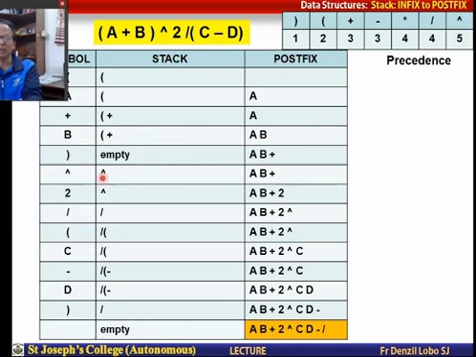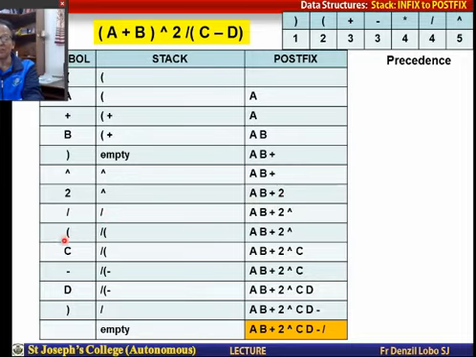Now I get the next operator, the stack is empty, therefore you push it onto the stack. Then I come to operand 2, so it goes onto the postfix. Then you come to divided by, you check, this one has higher precedence, therefore the incoming operator is pushed onto the stack.